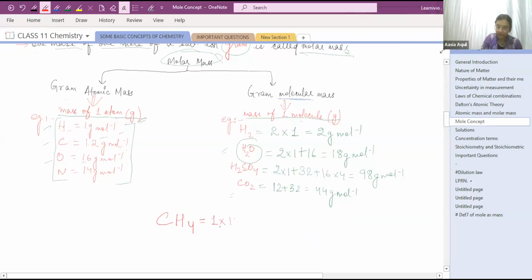So 1, the number of atoms, into its atomic mass, plus we write the second element. How many atoms are there? 4 into what is the atomic mass of hydrogen? 1. So 12 plus 4 is 16. So it's 16 gram per mole. Okay, so that's how we calculate the molar mass of any molecule.